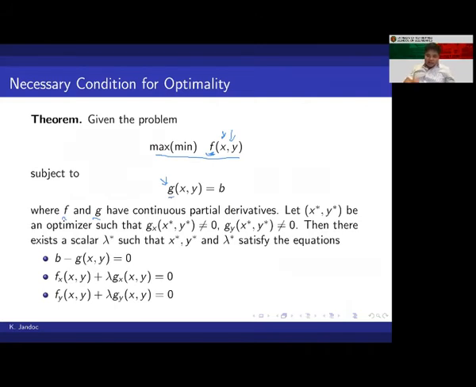Now let x*, y* be optimizers such that g_x and g_y are both not equal to 0.